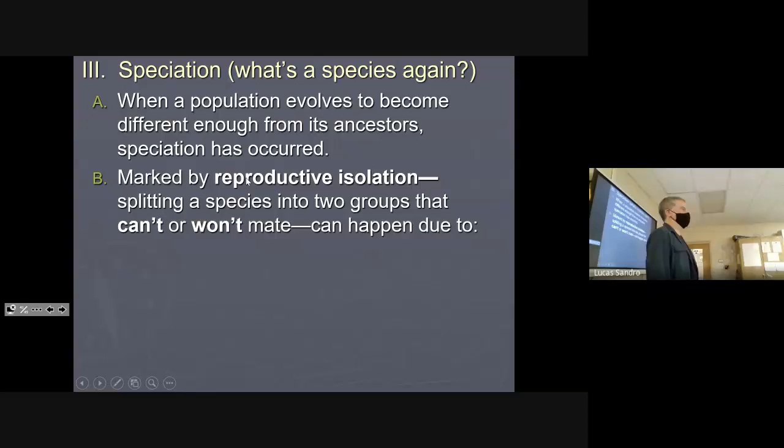That's kind of the line. Well, certain kinds of reproductive isolation. The first kind of reproductive isolation doesn't necessarily mean we're looking at two species, because populations get separated all the time.